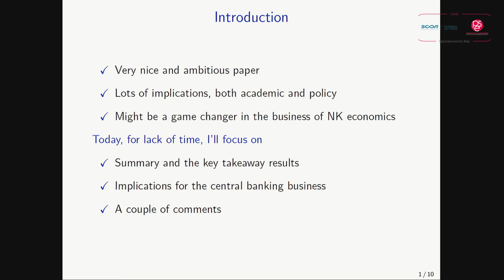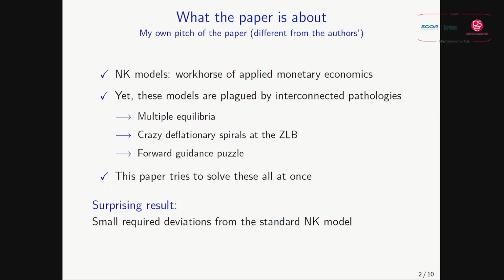So, my own pitch of the paper, if you will. It's quite different from the authors'. New Keynesian models are the workhorse of applied monetary economics, right? That's the starting point. Yet, these models are plagued by a bunch of interconnected pathologies, which limit their usefulness.